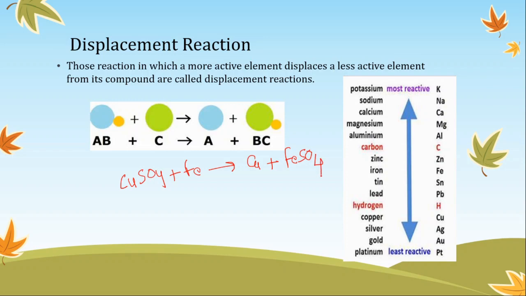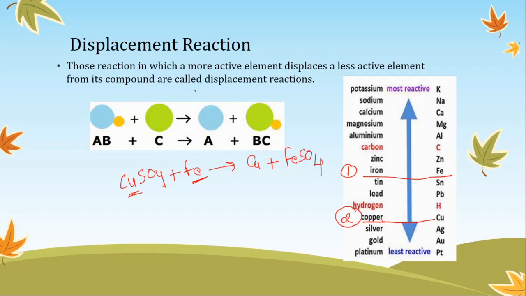Now with the help of the activity chart, we'll see what just happened in our reaction. Let us first see what is the position of iron. This is the position of iron, let me mark it as 1. And what is the position of copper? It is lying below over here. Let me mark it as 2.